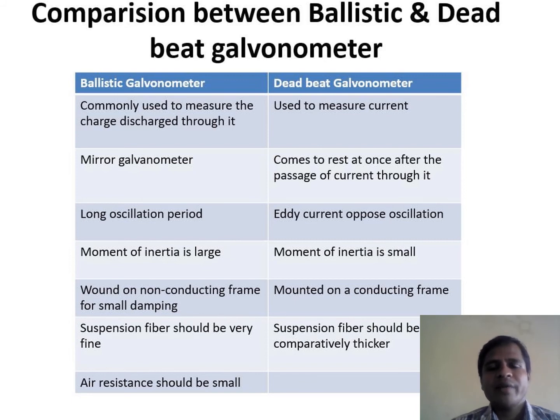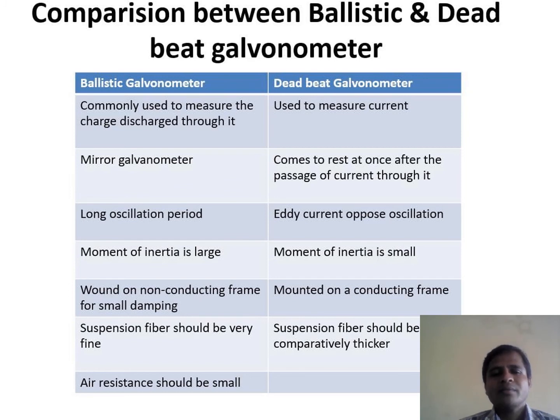But in the case of deadbeat galvanometer, when current passes through the galvanometer, it comes to rest. Since there is no oscillation, there is no mirror connected to the deadbeat galvanometer. The third comparison, the ballistic galvanometer has a long oscillation period, whereas in the deadbeat galvanometer, the oscillations are opposed by the eddy current.